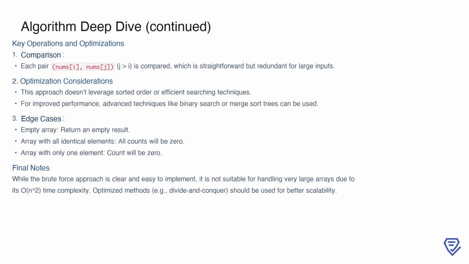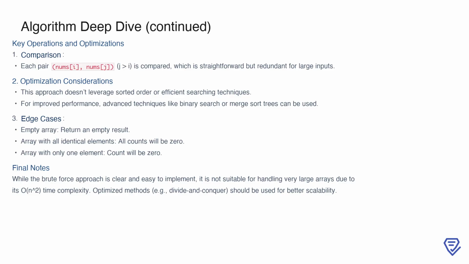For every element at index i, we compare it with each subsequent element to determine whether it is smaller, which is straightforward but computationally expensive.